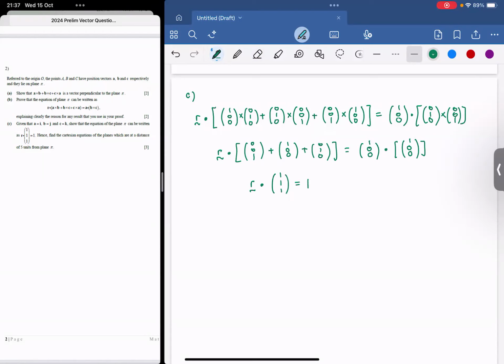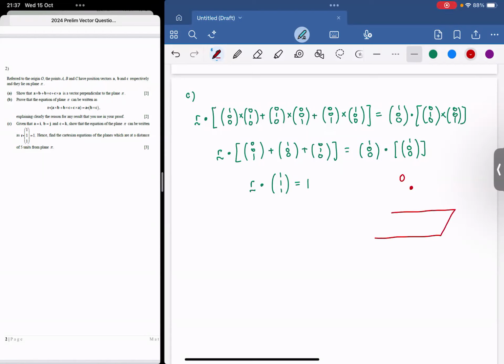Okay, so done. Hence, find the Cartesian equation of the plane which is a distance of 5 units from this plane. So remember, I don't know how many times I've said this already, but you always don't get it. The best place to measure from is always the origin. When you measure something, always measure from the origin.